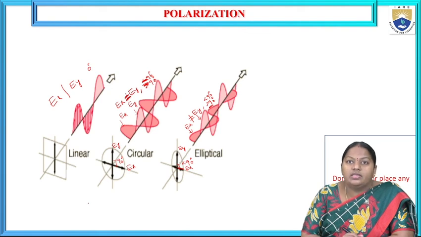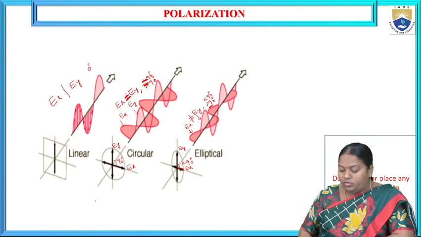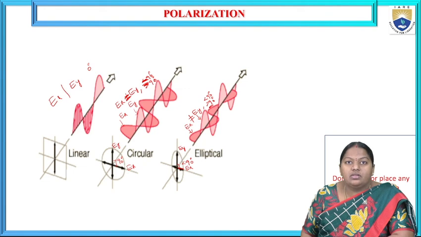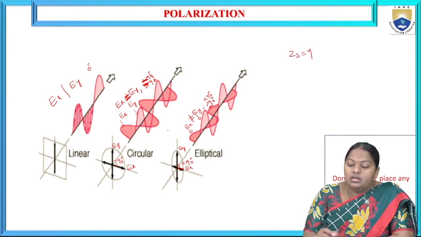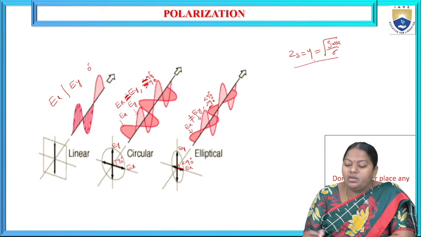Okay, so what we have learnt in this lecture is, firstly, we defined surface impedance. From that we derived the relation between surface impedance and the intrinsic impedance, which is equal to root over j omega mu by sigma. These are obtained from the propagation characteristics of a good conducting medium, where Zs is the surface impedance and eta is the intrinsic impedance of the medium.